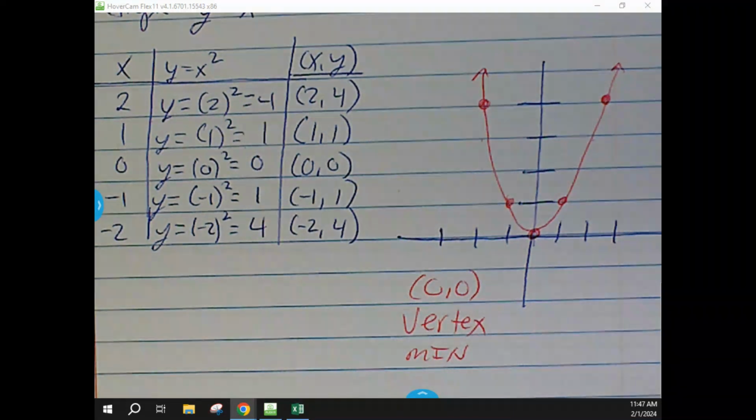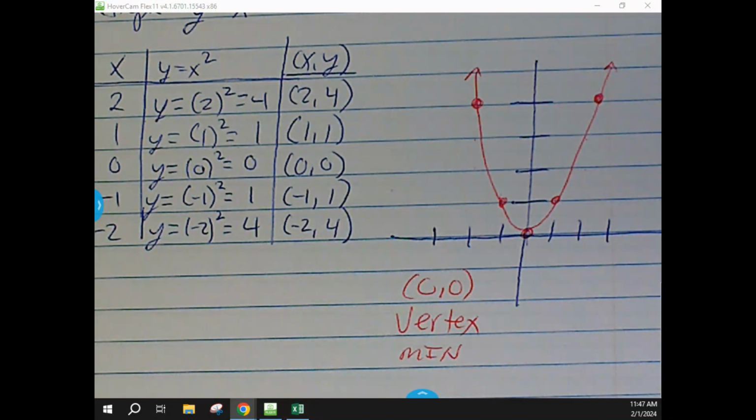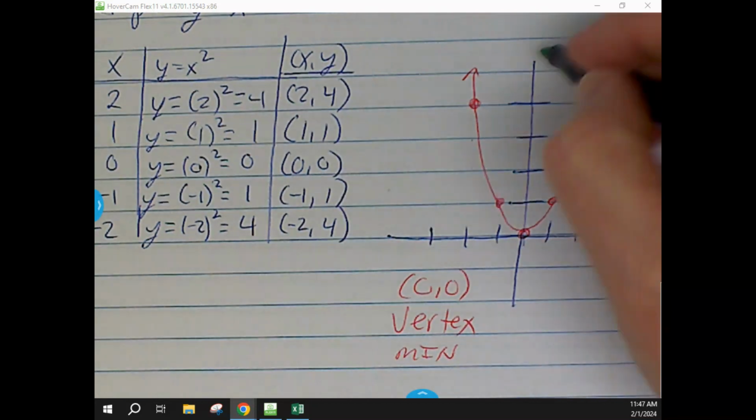Now, two other things we're going to add to this one. They're going to ask you to draw a line of symmetry. When you draw a line of symmetry, you draw it right through the middle of the vertex, and you draw a vertical line.